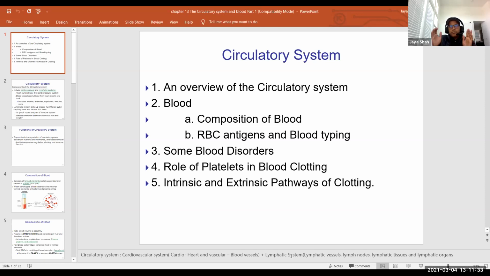So the two systems, cardiovascular system and lymphatic system together, are called the circulatory system. The lymphatic system contains several organs like lymphatic vessels, lymph nodes, lymphatic tissue, and lymphatic organs. And we're going to talk about the lymphatic system two lectures later. Okay.